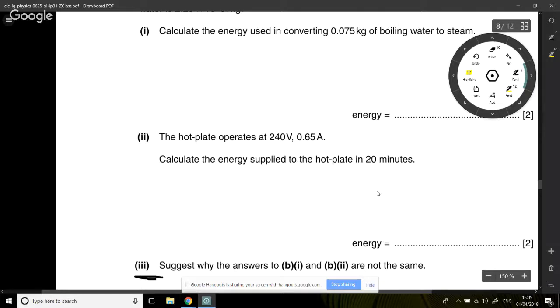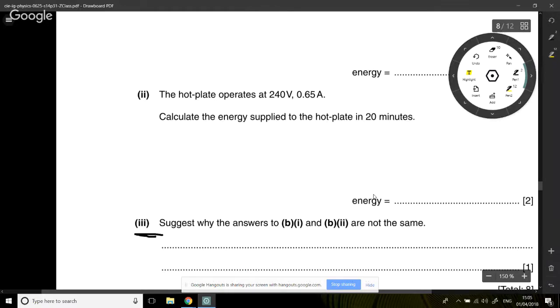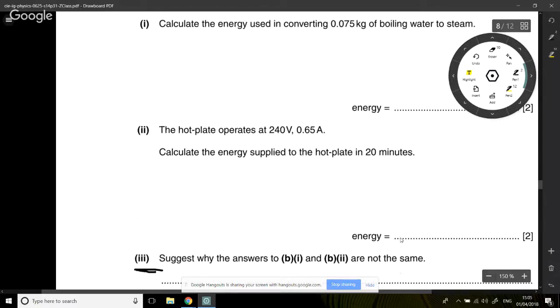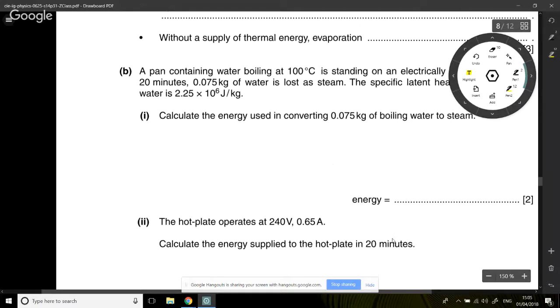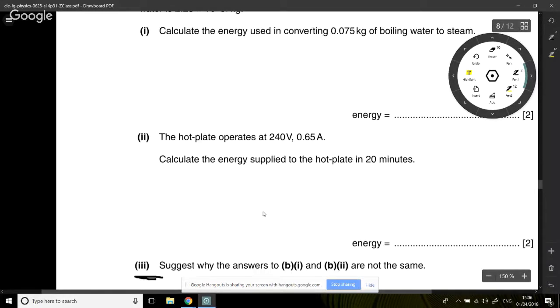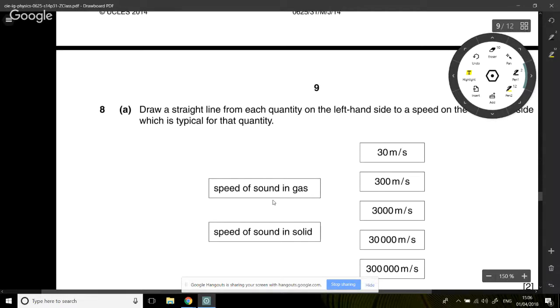Ultimately there's a difference between the two answers, and you must explain why. It's just because the second, more real world scenario has lots of losses involved. So thermal losses to the surroundings, other convective losses and so on and so forth, and radiation losses.